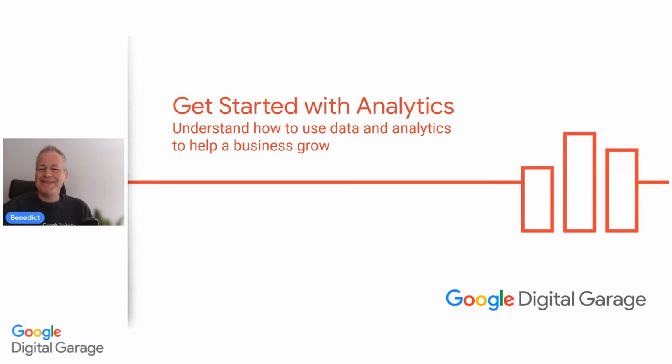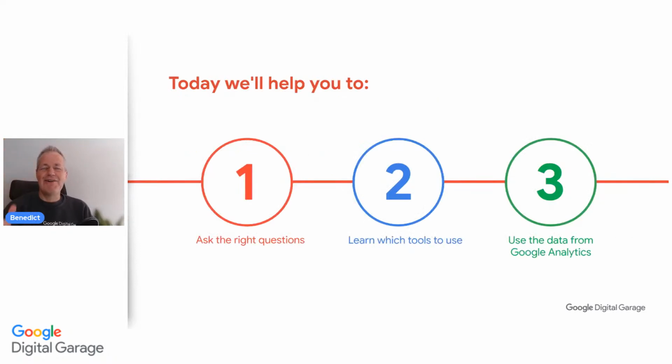Okay, so that's the housekeeping done. Let us get started on answering questions with data. Today we're going to cover three main points. Ask the right questions, because you've got to understand the really important questions to ask about your online activity.